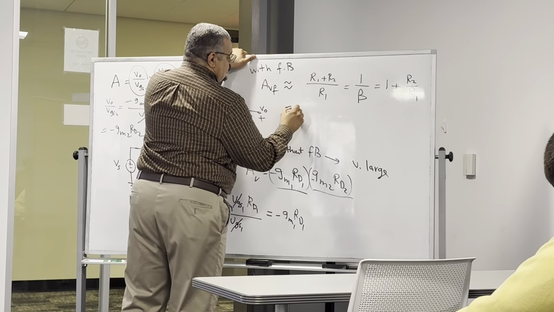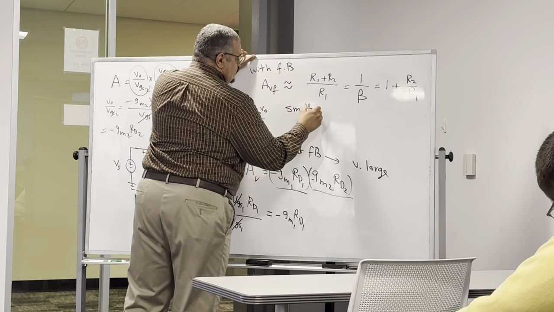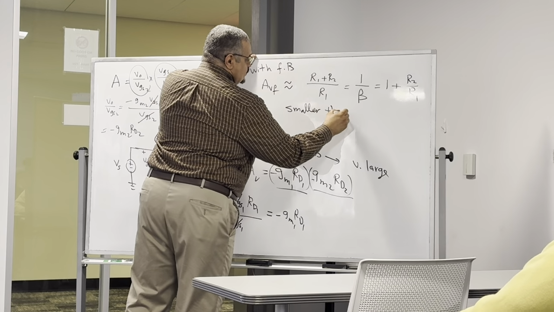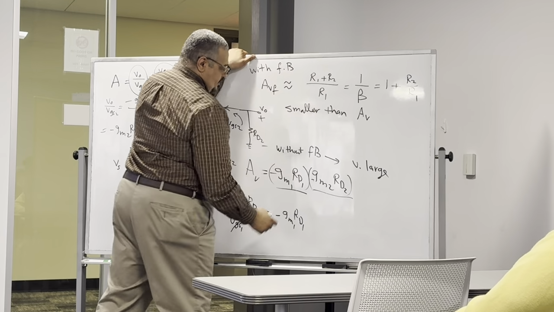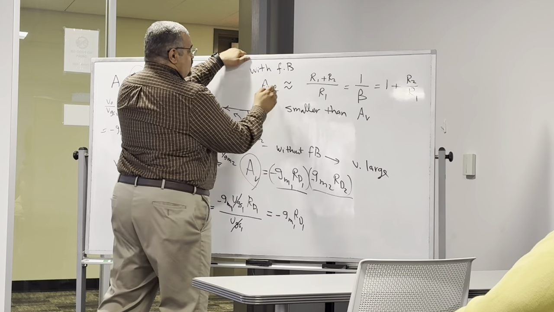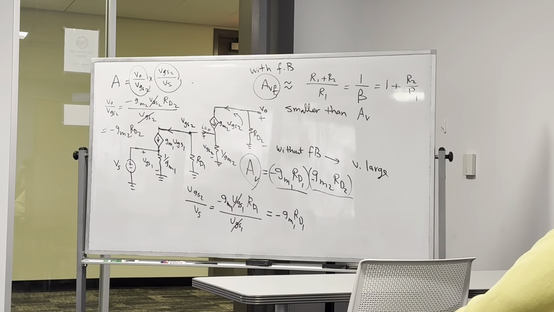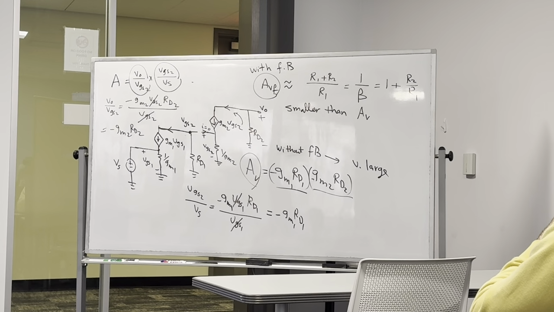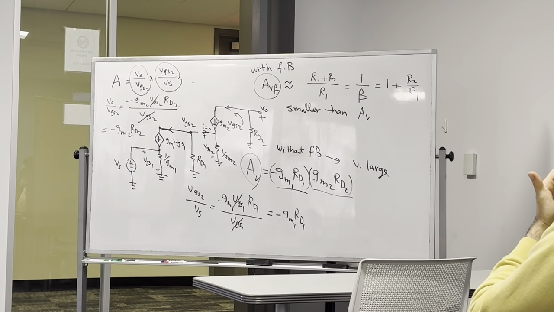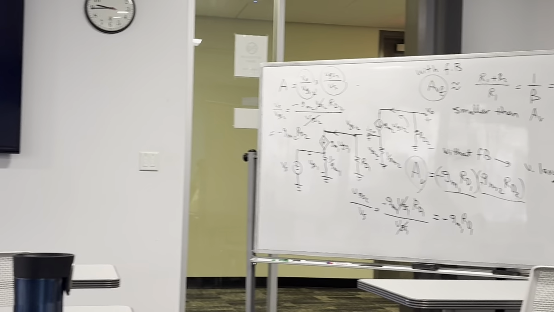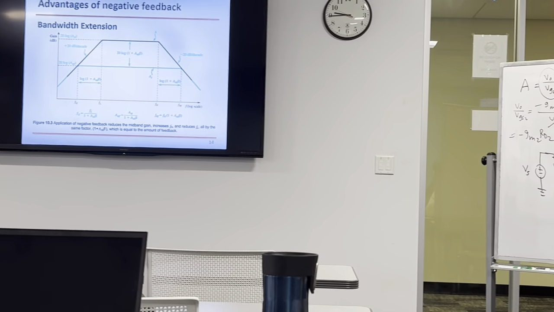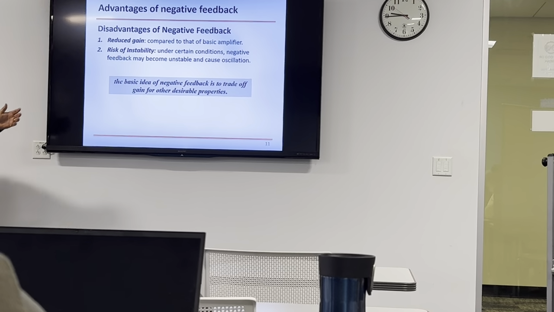So this is smaller than A. This one here is much smaller than this one. So by the feedback, the gain is reduced, and this is one of the disadvantages. With the feedback, you reduce the gain.